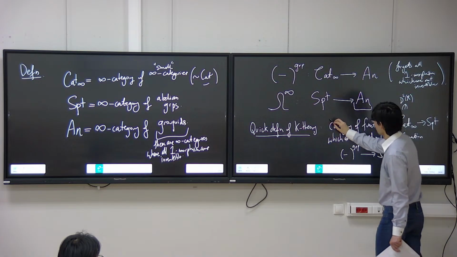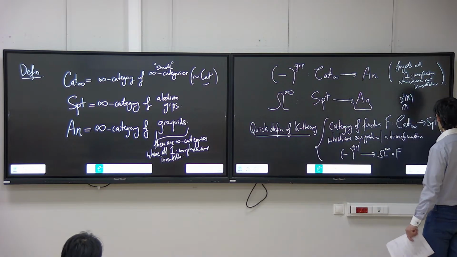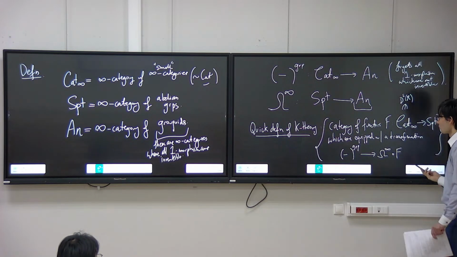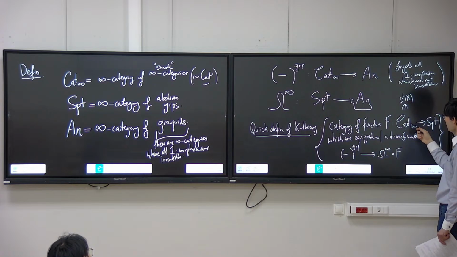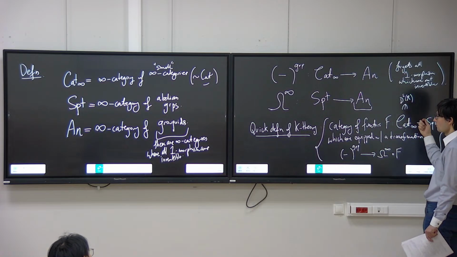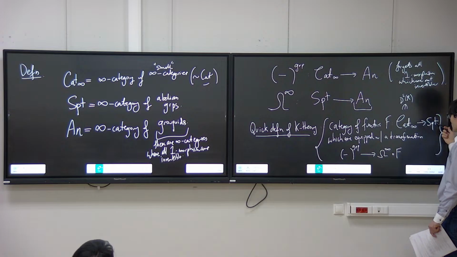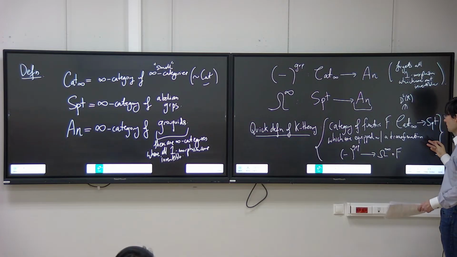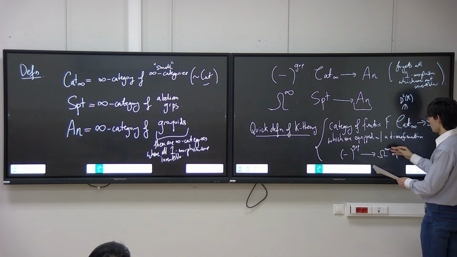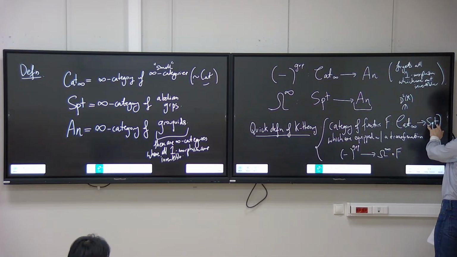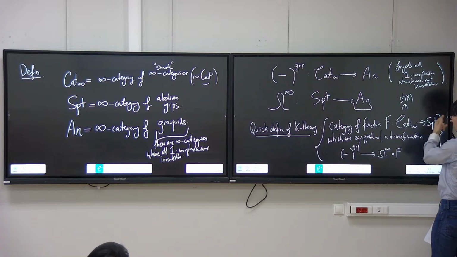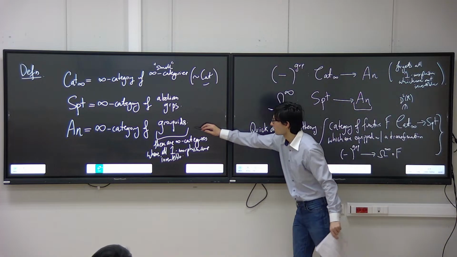So let's just go through this again. Consider the category of functors F which map your favorite category to some abelian group in a functorial way, which are basically equipped with, when you forget the abelian group structure and think of it as just a groupoid, so in particular living in anima.